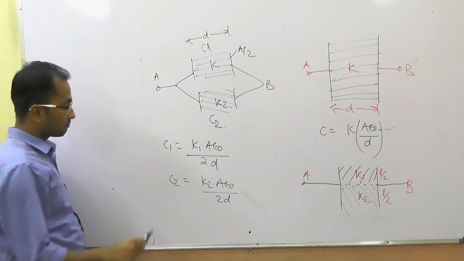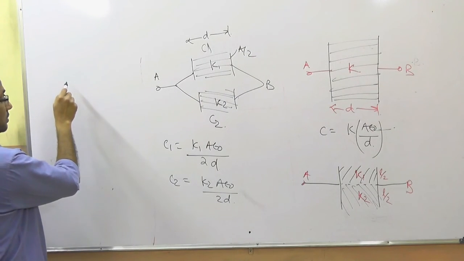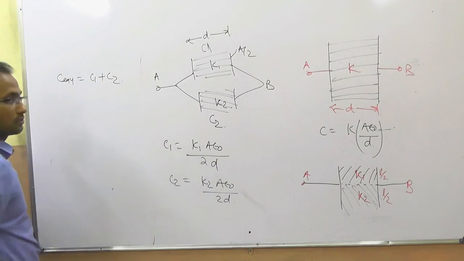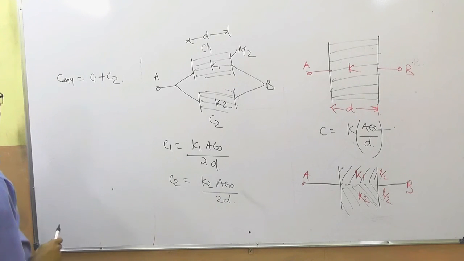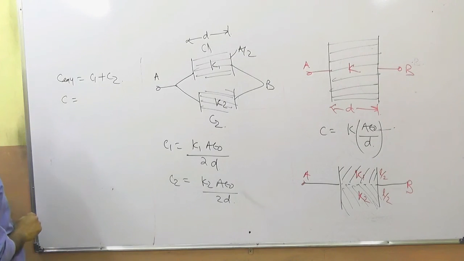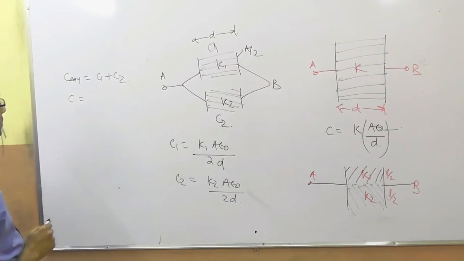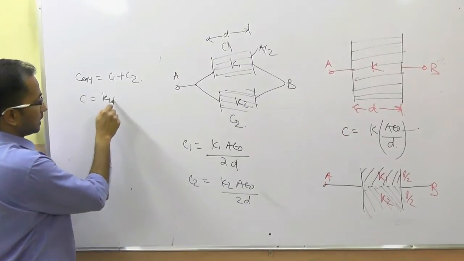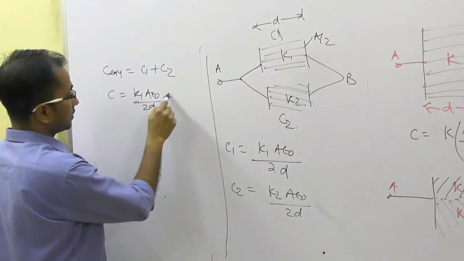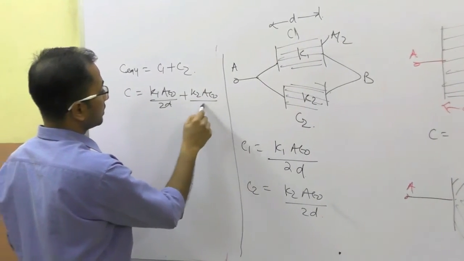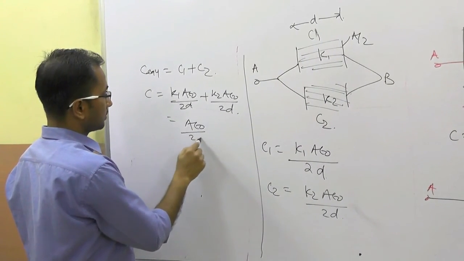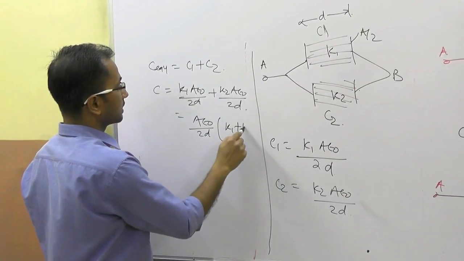Now both capacitors are in parallel, so C equivalent is C1 plus C2. Put K1 A epsilon naught by 2D plus K2 A epsilon naught by 2D, take common A epsilon naught by 2D, times K1 plus K2.